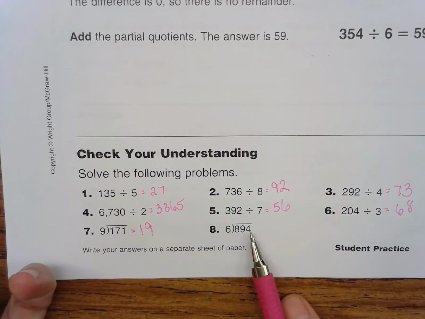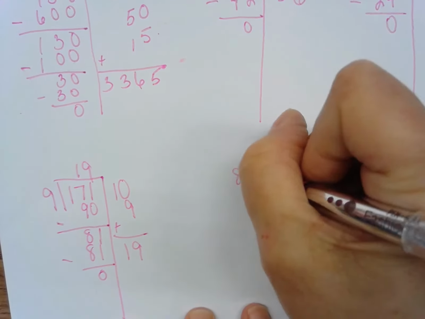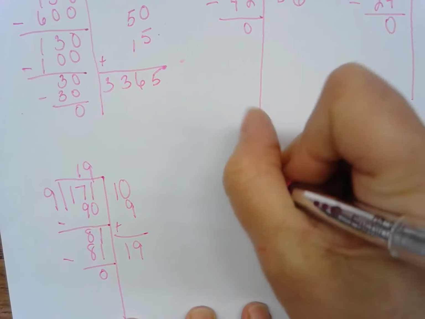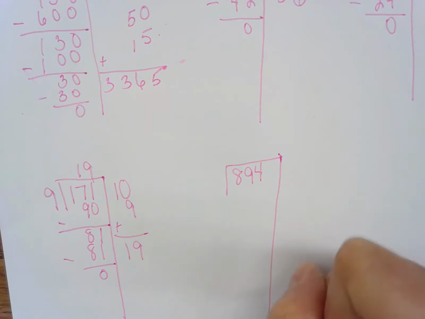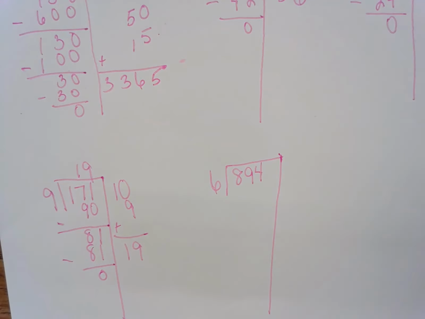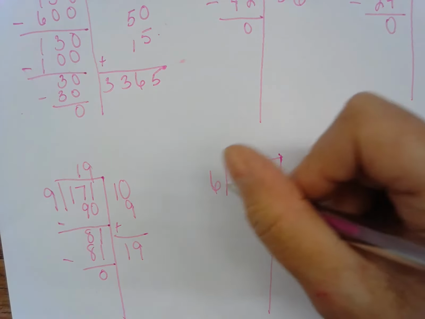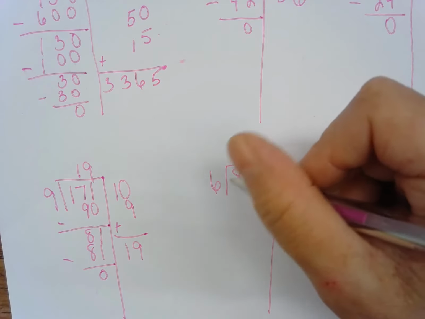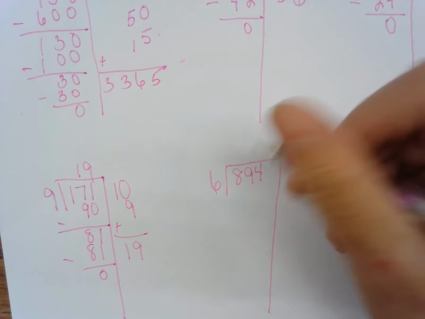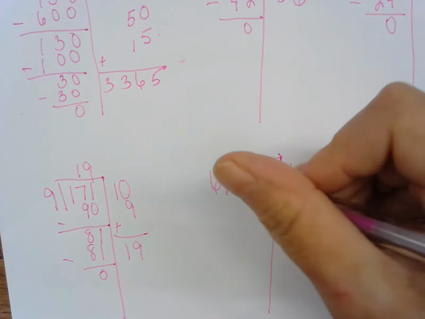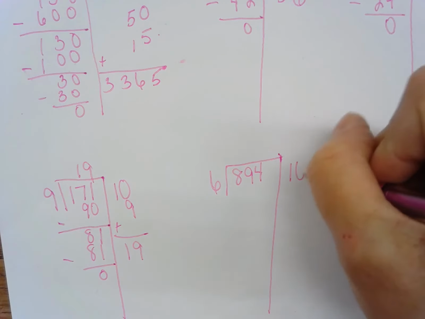Okay, 894 divided by 6. So let's start with 100 because 6 goes into 8 once, but it's not 8, it's 800.